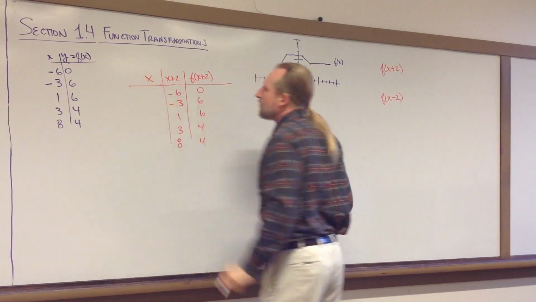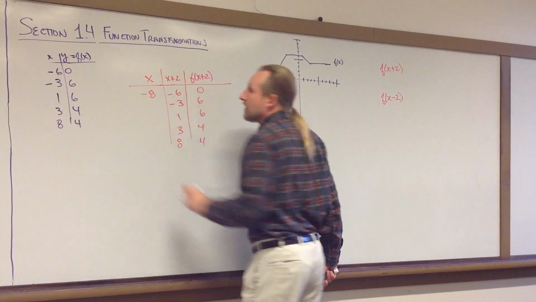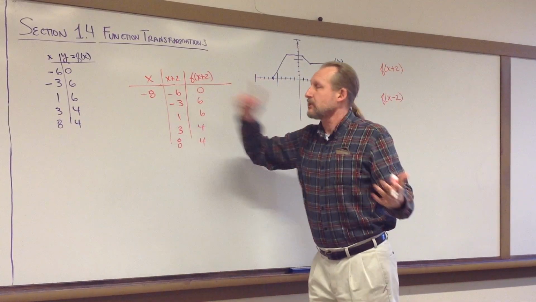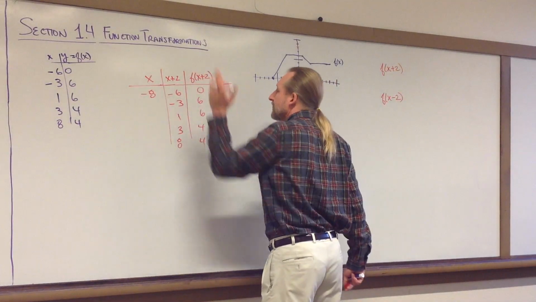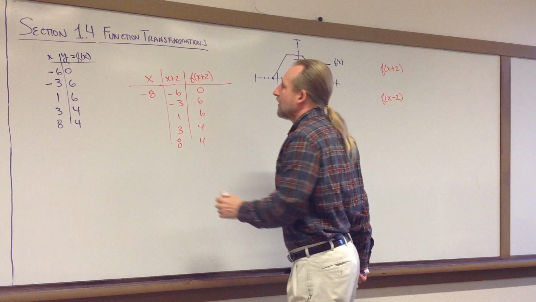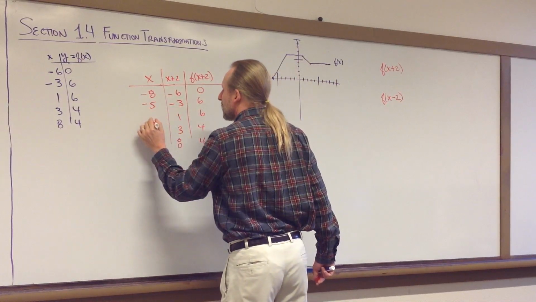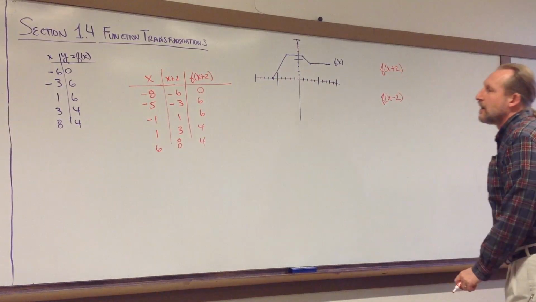So that means that our original value of x must have started out here at -8, so that x plus 2 would be -6, okay? And then when we take the function of x, or f of x plus 2, that'll give us the 0. And same thing here, here, here, and here, okay?